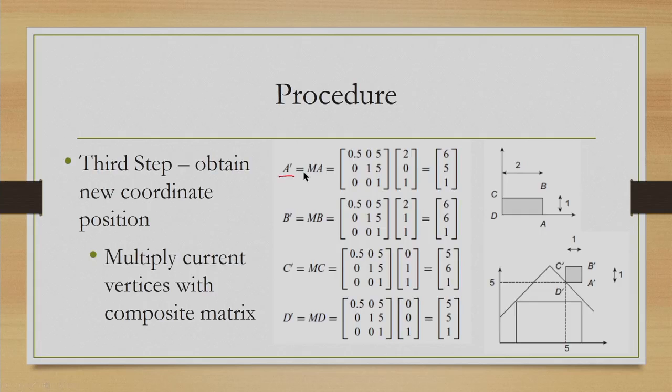A dash can be derived by multiplying this composite matrix with the corresponding vertex in the homogeneous coordinate system to get this final vertex in the homogeneous coordinate system, and that is true for B dash, C dash and D dash.